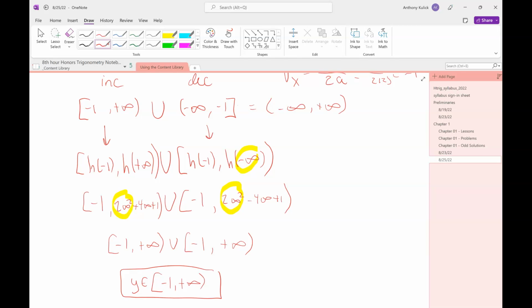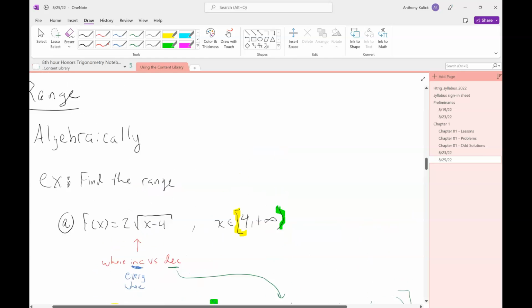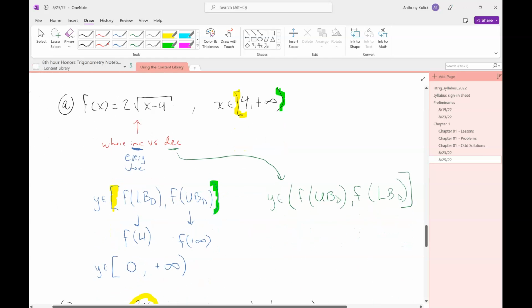Now, who thinks this is a colossal pain in the tuchus for something that I can look at the picture and pretty easily tell what the range is? That's a normal feeling. On a test or quiz, would I ask you to do something this complicated? No. It would look more like this example, where it's just doing one thing.